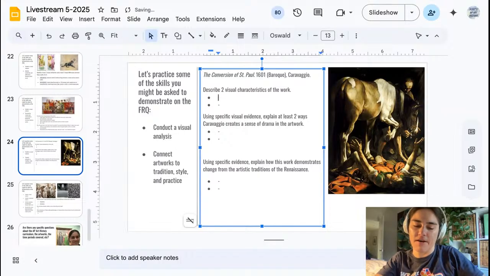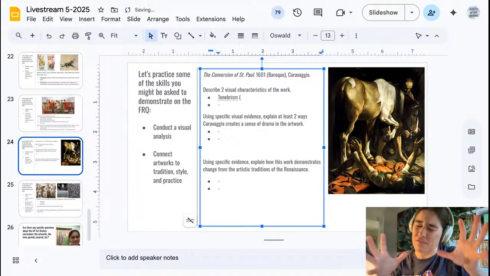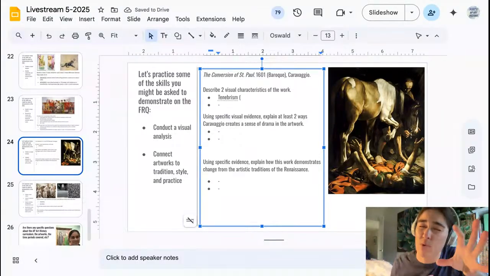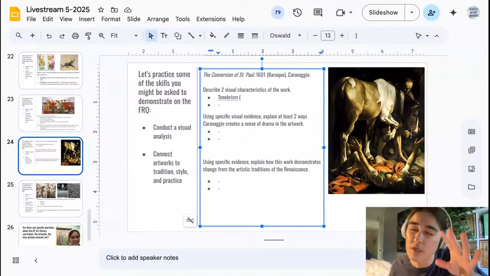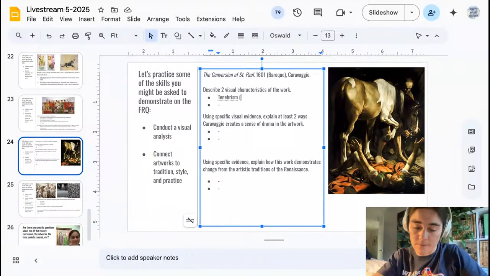Yes, tenebrism. We love tenebrism in this house, right? So tenebrism is this use of extremely dark background to the point where we can't really see anything, and there's usually one light source that is illuminating the scene, right? So very high contrast. I like to call it chiaroscuro triple base boosted, right?